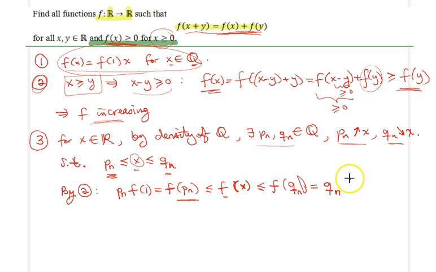Now that's when I will go ahead and apply the well-known sandwich theorem. When I take the limit of both sides, the limit on the left hand side will approach, since Pn approaches x obviously, simply x times f of 1. The limit of the upper bound as well: we realize that Qn approximates to x, it decreases to x, and we continue to multiply it by f of 1.